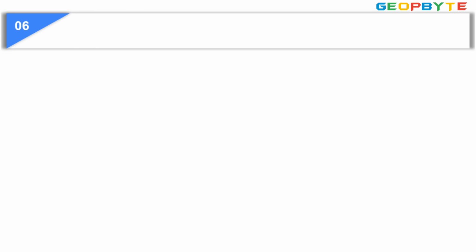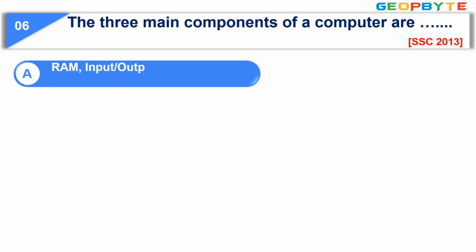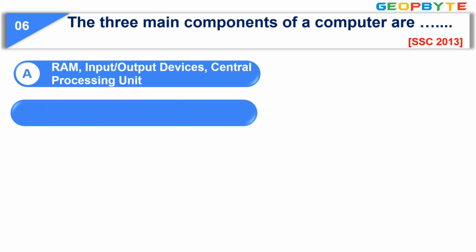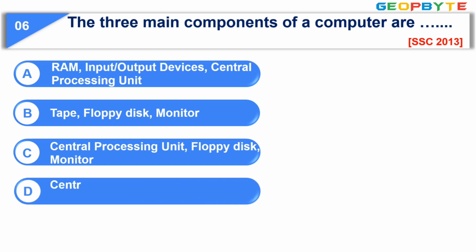Next, moving to question number 6. The three main components of a computer are: option A, RAM, input or output devices, central processing unit. Option B, tape, floppy disk, monitor. Option C, central processing unit, floppy disk, monitor.